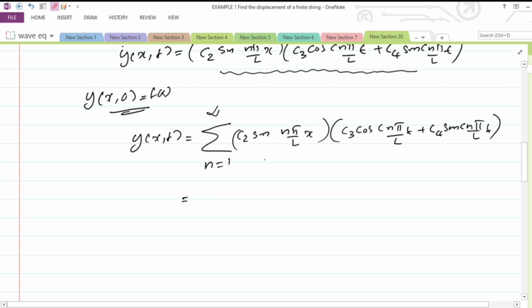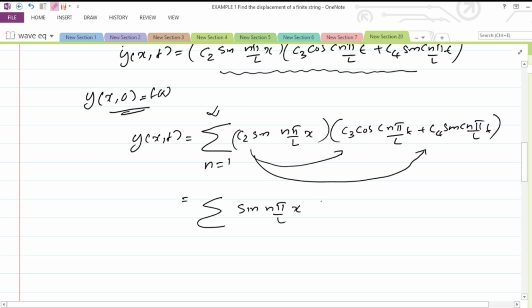Now, to make this simpler, we multiply the constants c2, and we can rewrite this equation as the sum of sin(n pi x by L) into (c2 c3 cos(c n pi t by L) plus c2 c4 sin(c n pi t by L)).